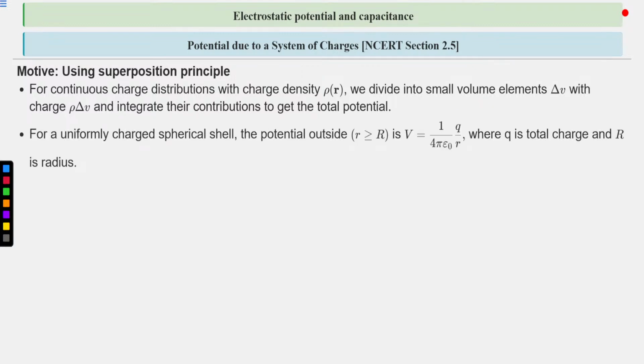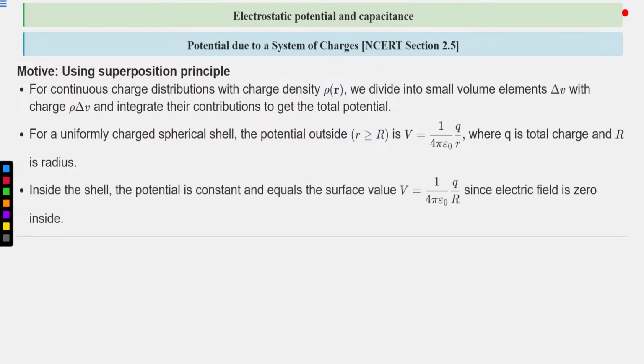For a uniformly charged spherical shell, this is a continuous system. The potential outside, for R greater than the shell radius, is V equals 1 by 4 pi epsilon naught Q by R, where Q is the total charge and R is the distance. Inside the shell, potential is constant. Why?